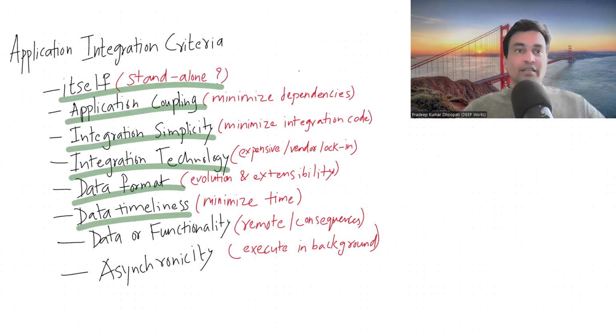The next criterion is data or functionality. Oftentimes, integrated applications do not just want to share data, but also share functionality.